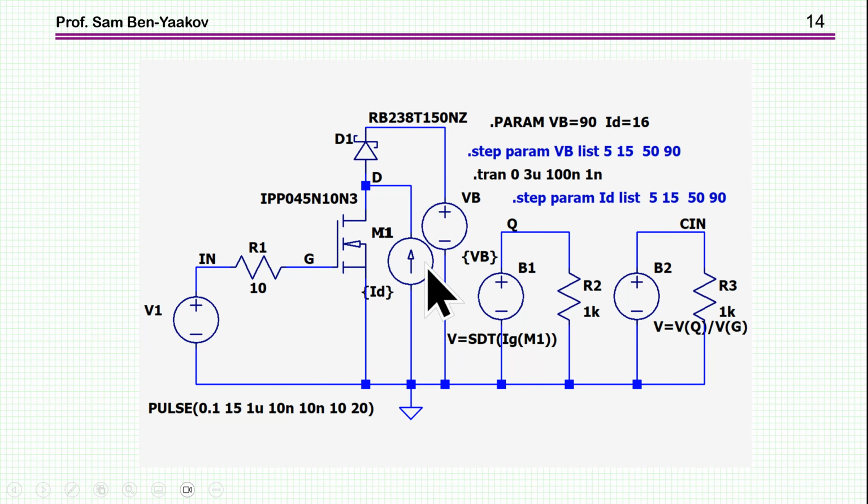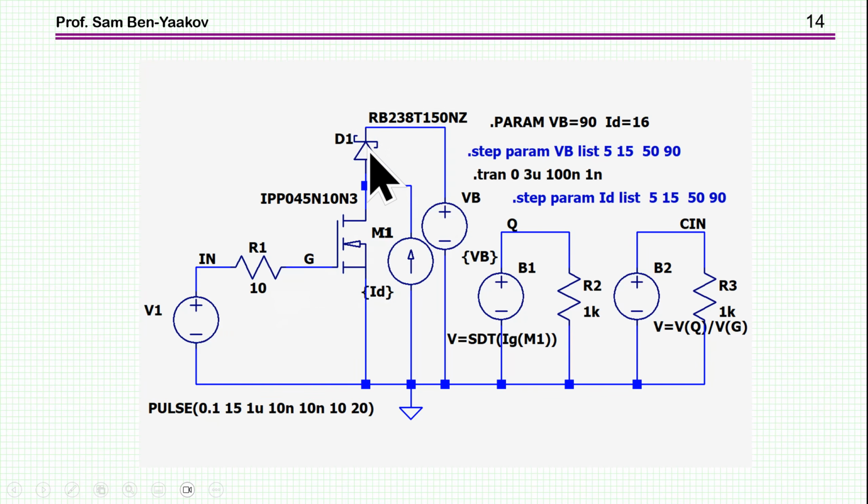So here is an example of an LTspice schematic to do these measurements. This is just an example; there are many ways you can do it. Here is the transistor I'm going to test. This is an Infineon 100 volt, 4.5 milliohm RDS-on. I have here an input signal at 10 ohm. It is recommended that you use a resistor which is close to what you're going to use in your circuit. Then I'm mimicking a half bridge.